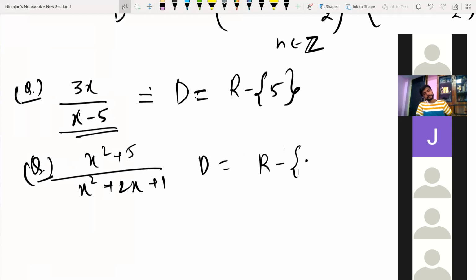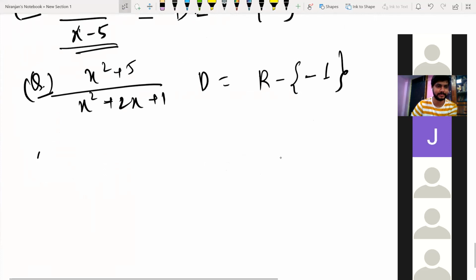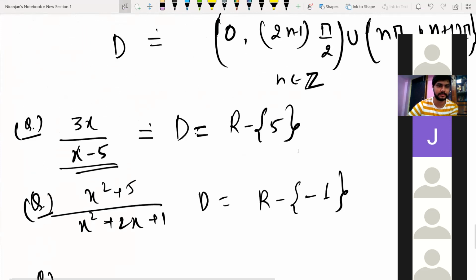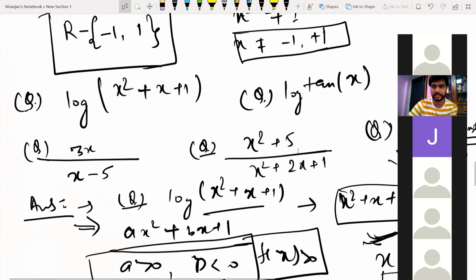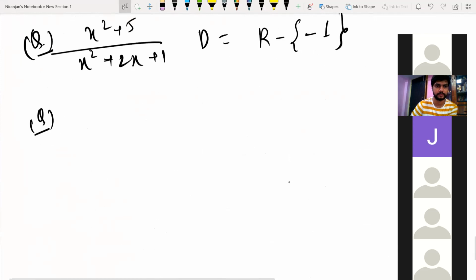So R minus 1. Good. So minus 1, sorry. Yeah, I got it. Understand. And what was the last question? Square root of tan x plus cos x divided by log tan x. This is a tough one.